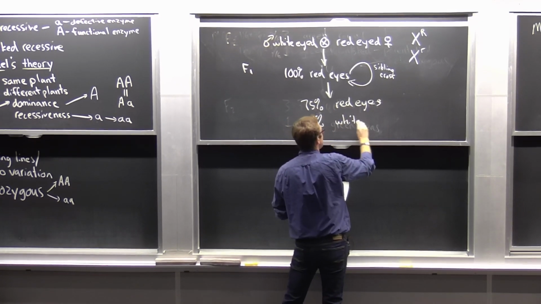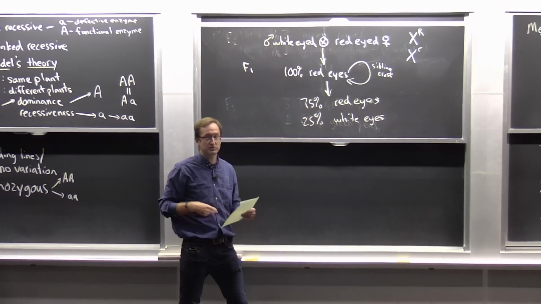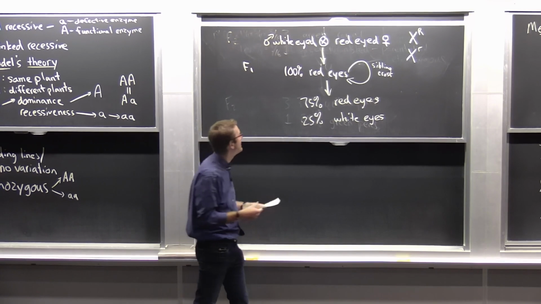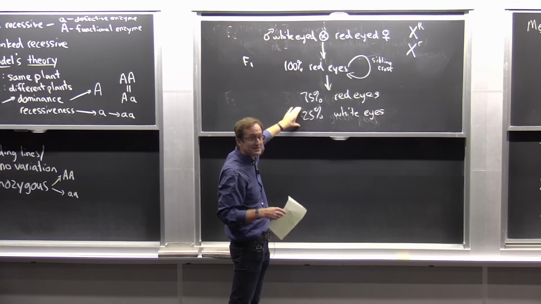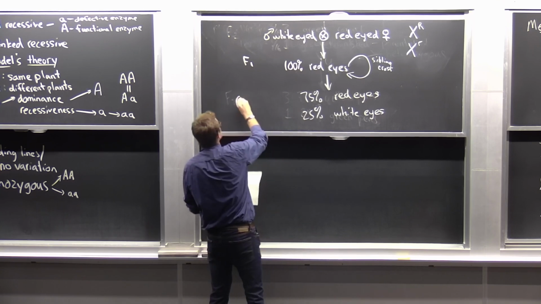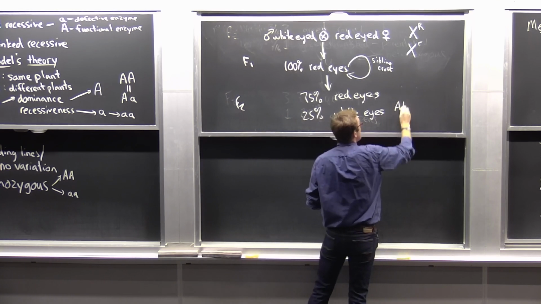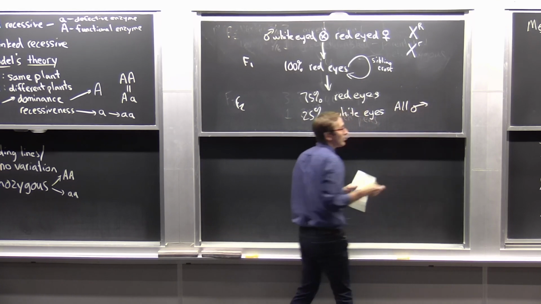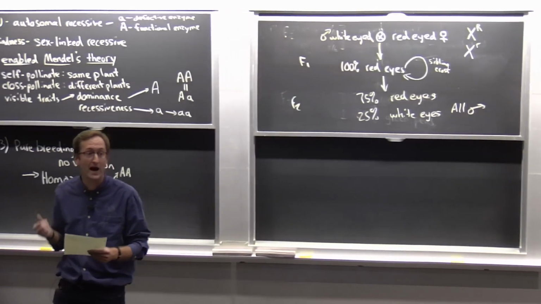So this is behaving a lot like the yellow trait in peas, right? Except that all of the white-eyed flies in this F2 generation were male. So only the males were getting this trait of white eyes, okay?